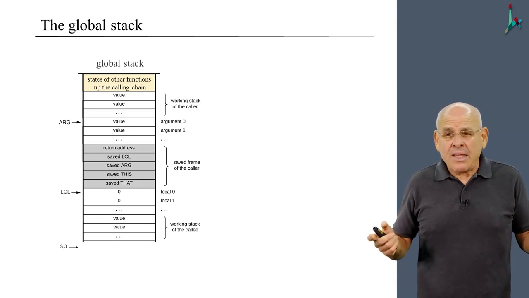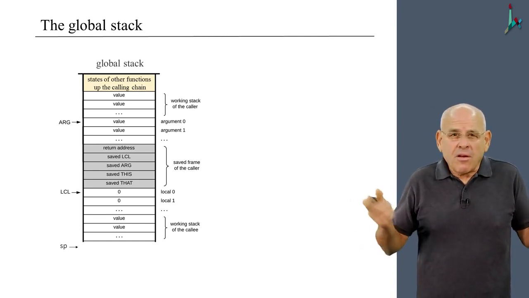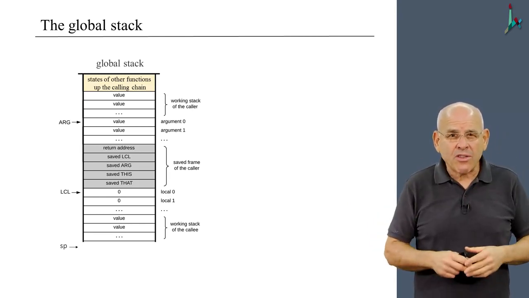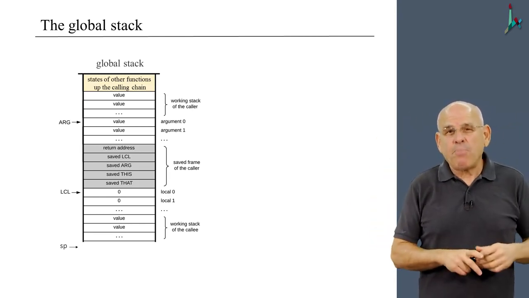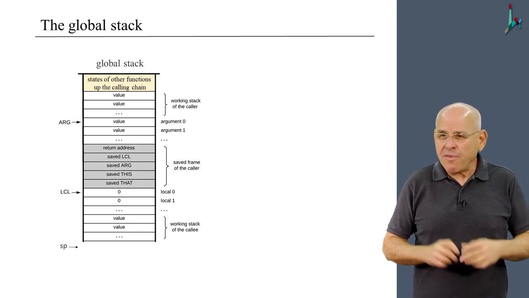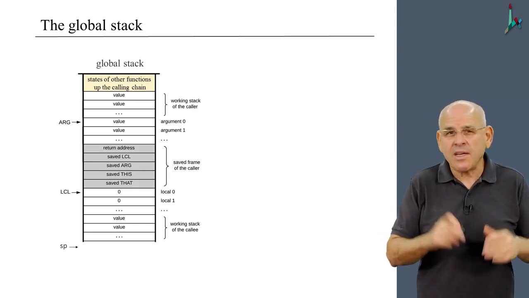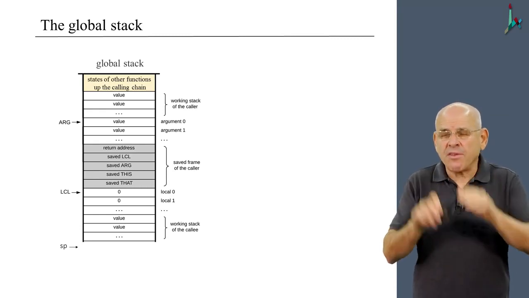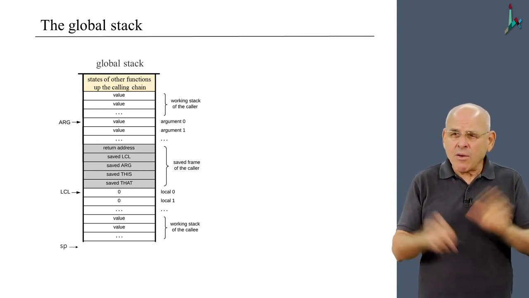And you can think about it yourself why we don't have to save them. They don't belong to the world of the function. They belong to some other parts of the machine that we are building. If you don't completely see it, you will see it in the future units. So we save only the segments which are relevant to the current function. This is one observation that I want to make.